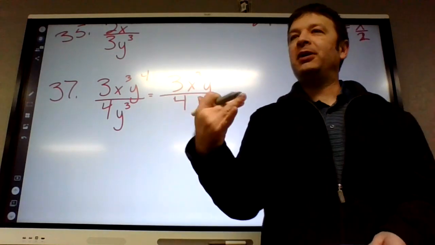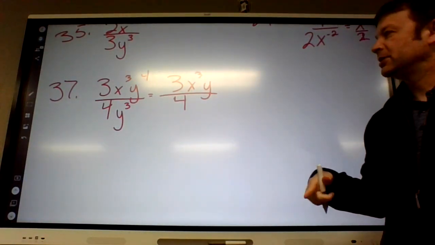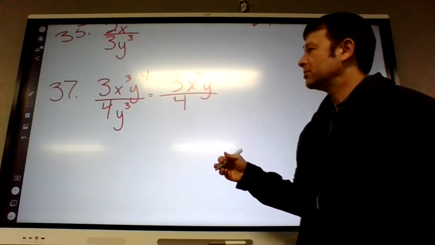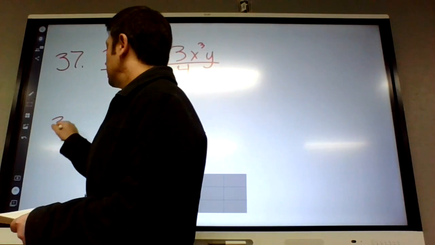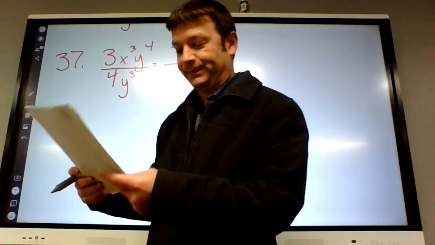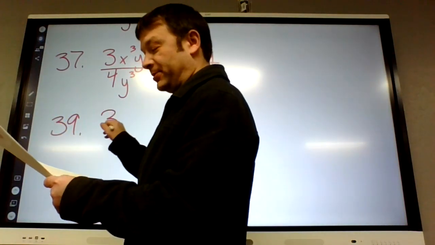Now, if it was 3 minus 4, that's negative 1, and that would be on the bottom. But 4 minus 3 is just 1, normal. Yeah, it's pretty quick. You guys are gonna miss this worksheet tomorrow. Alright, not a lot to do on this one.